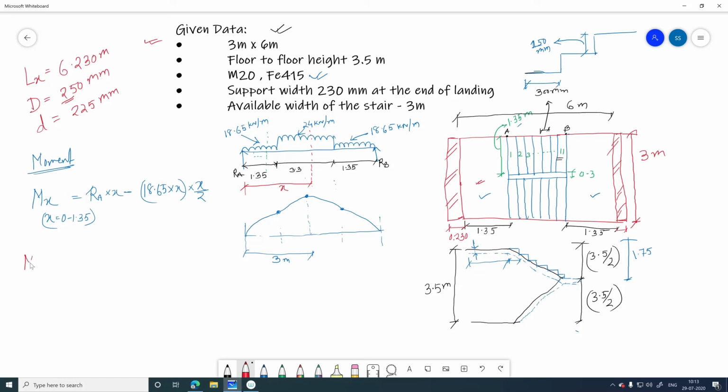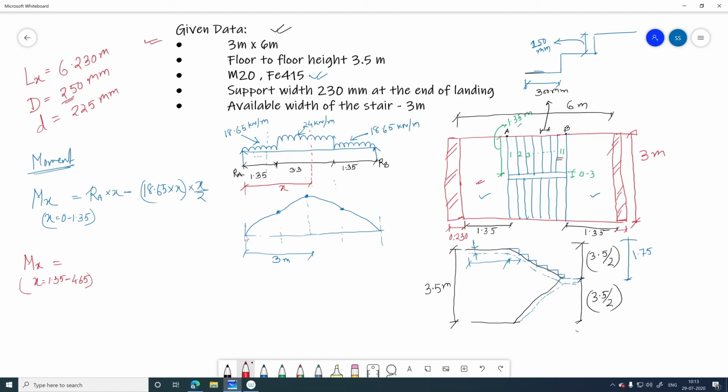So now we will write the equation of Mx, where x equals 1.35 to 4.65.